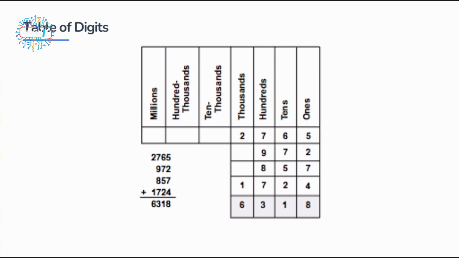So if I want to add two numbers, for instance, I have 2765, and I have another number which I'm going to make a little bit challenging, 972. I have another number, 857, and another one, 1724. Right now I'm going to add all of them, but look at the names.